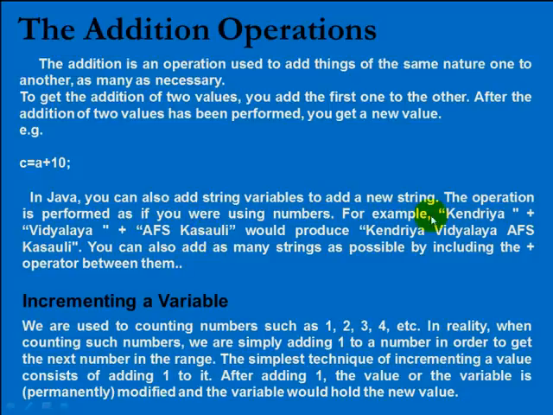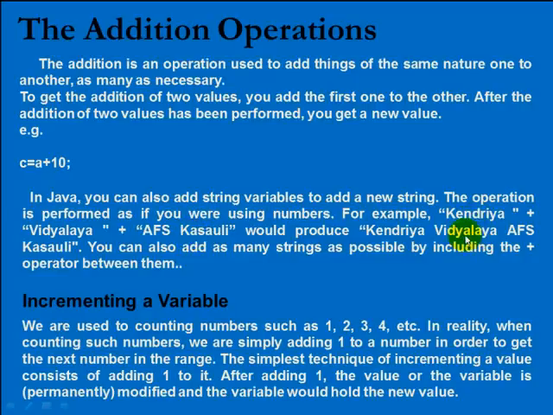If we add them, means the plus operation is performed between these three strings, that is Kendriya plus Vidyalaya plus AFS Kasoli, it would produce Kendriya Vidyalaya AFS Kasoli as a string by combining all these strings.